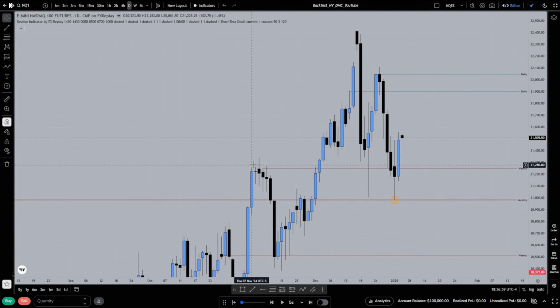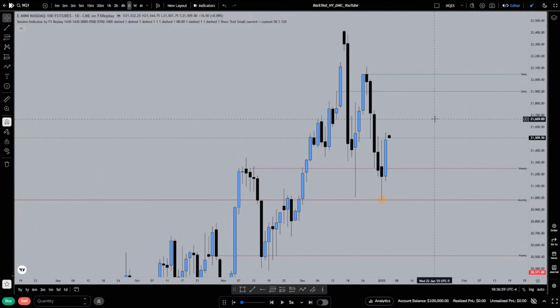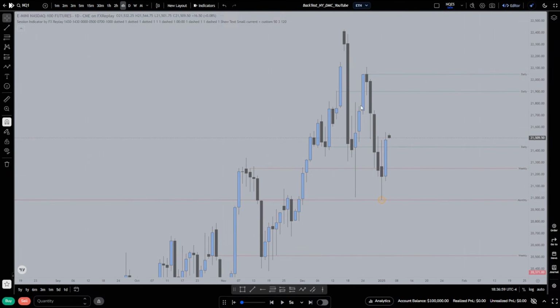Okay, so now we have this swing, we go higher, we start testing these levels. Now above us we have these two levels. We have this daily level here, which we have worked with. There's not much more.